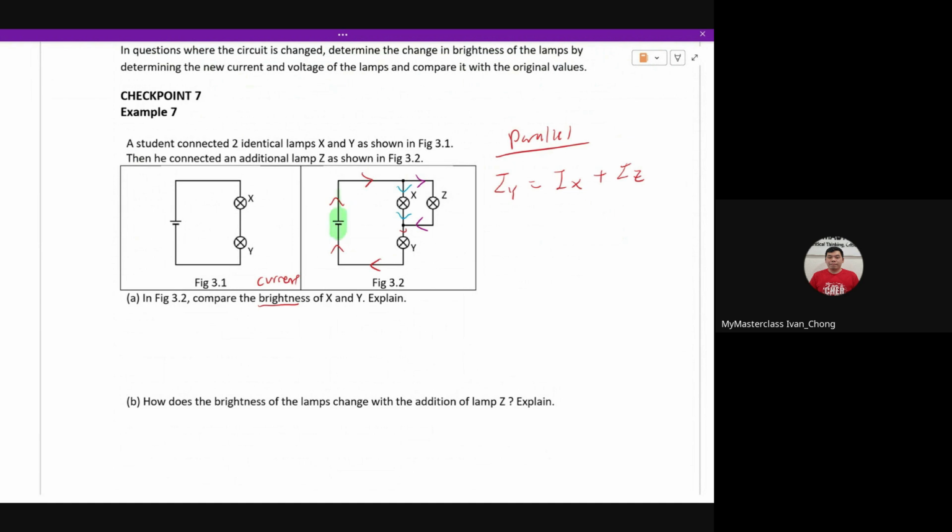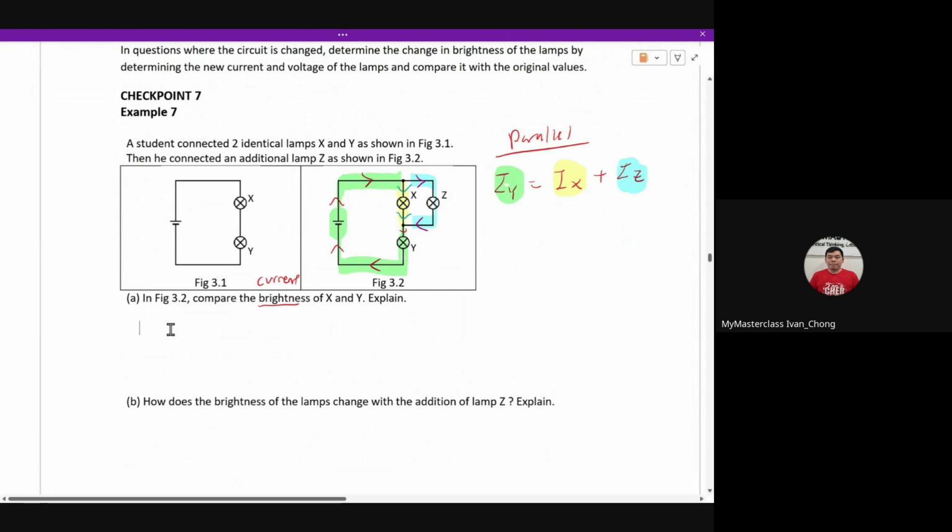To illustrate with colors, all the parts in green are your total current, whereas the yellow and the blue are for your individual branches. So the yellow and blue will add up to give you green. All right. So how do you compare the brightness?